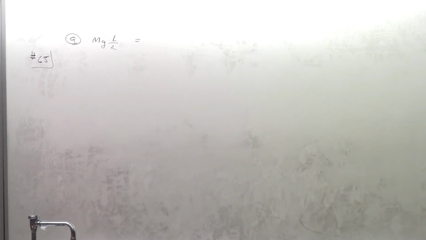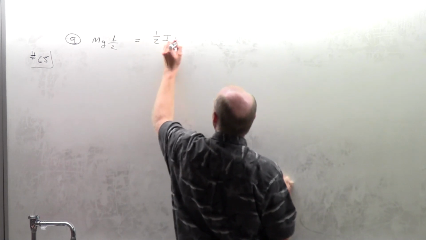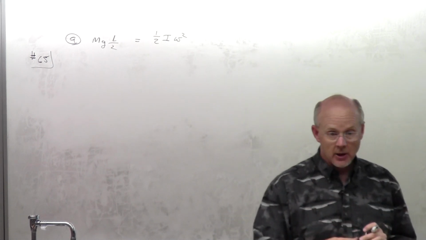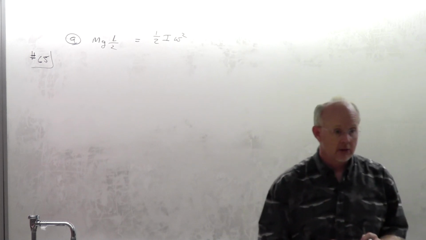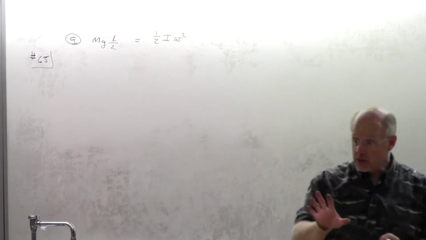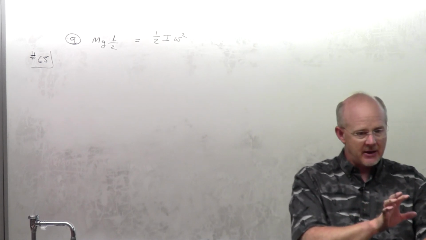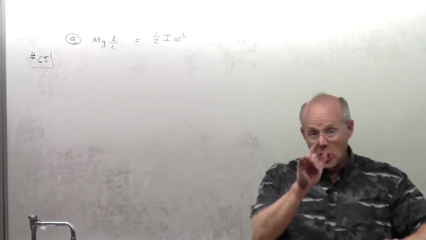Where does the energy go? Well, it goes into 1/2 I omega squared, right? It goes into a rotation. Is this thing rotating or translating? Yeah, I'd say it's rotating. Now this one's a little different, also why I picked it. It's not rotating about its center, it's rotating about its end point.